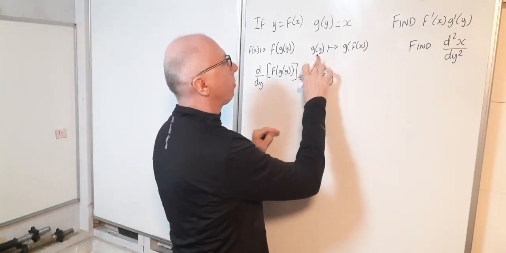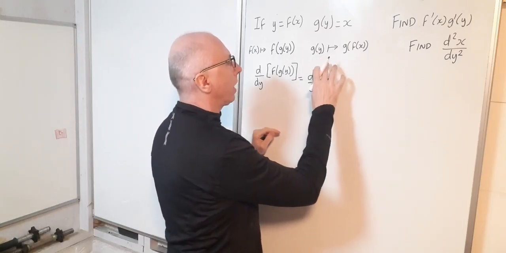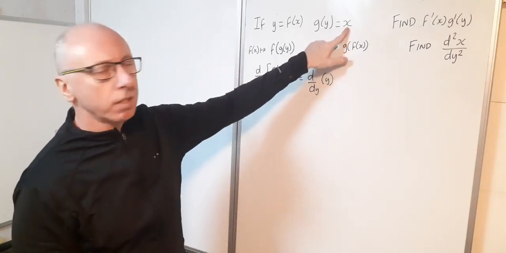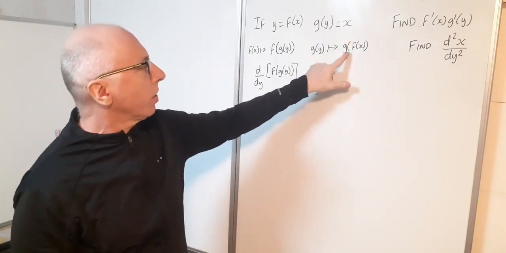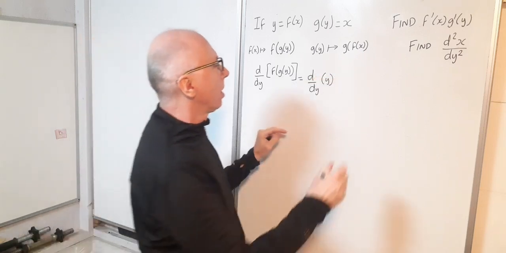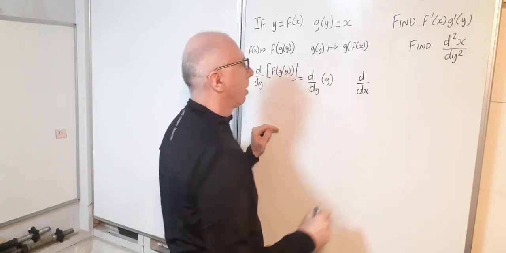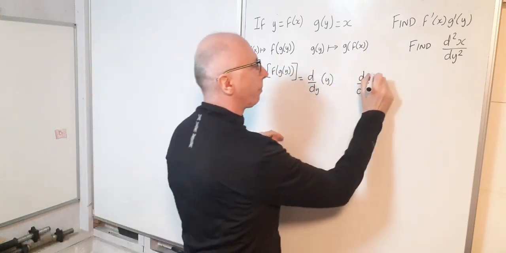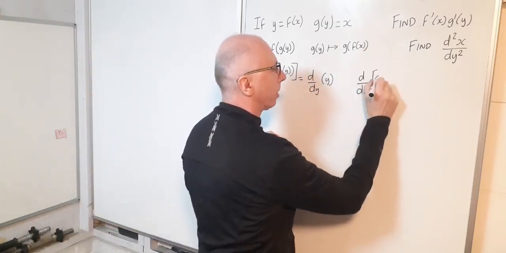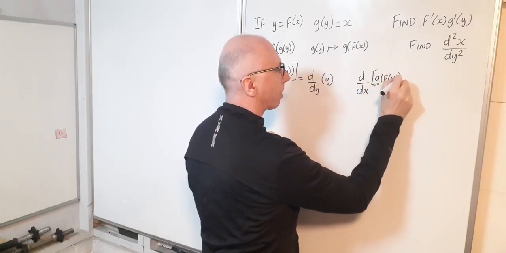So now, derivative of g of y, well, here we want to go with regards to x. So d dx, so I've got this one here, g of f of x. So that's a function of x, g of f of x.